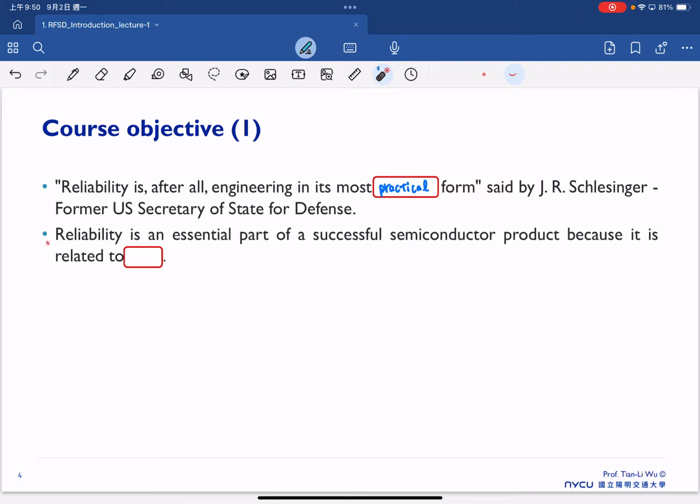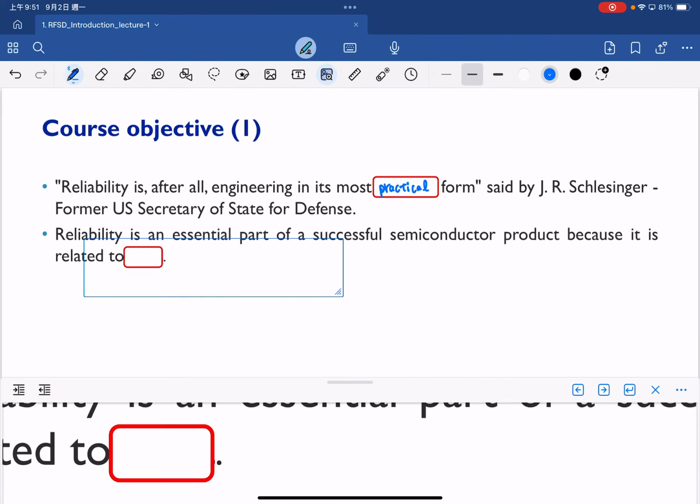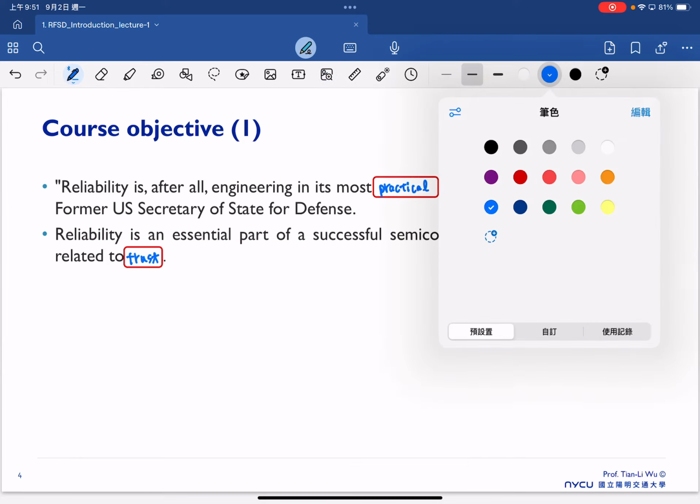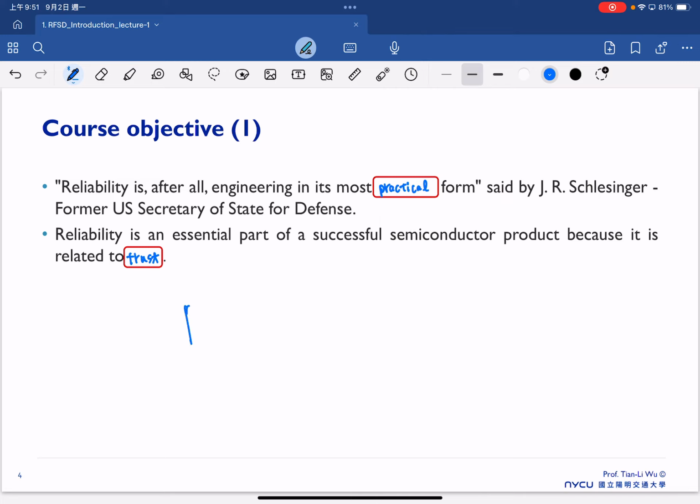And on the other hand, reliability is an essential part of a successful semiconductor product because it is related to the trust. If we have good reliability, that's almost equal to having very great customer trust.